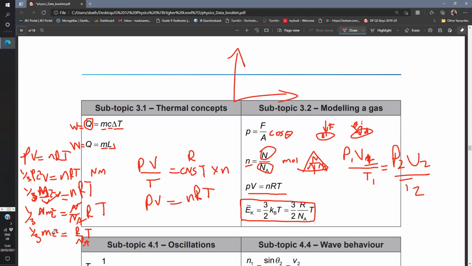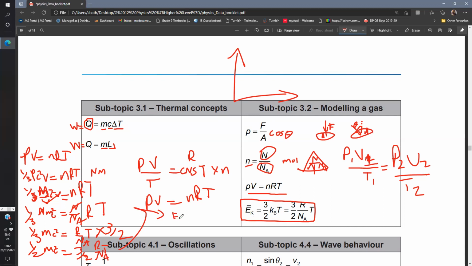So now we want this to be half mc squared, because we want it in terms of kinetic energy. So we just multiply this whole thing by 3/2. So that'll be 1/2 mc squared, in other words, the kinetic energy. And this side will be 3/2 R over NA T. So if we bring this here, R over NA is defined to be kB, or the Boltzmann constant.